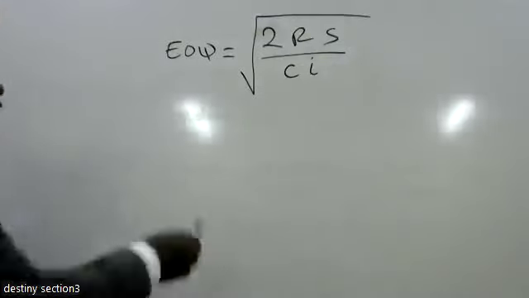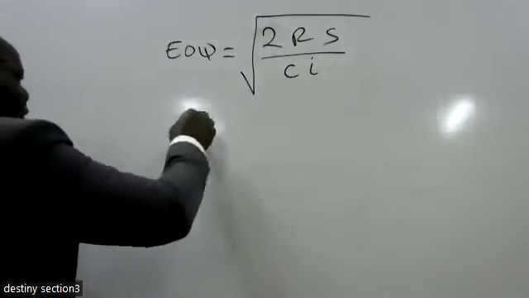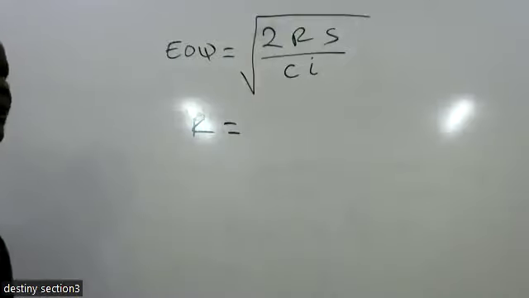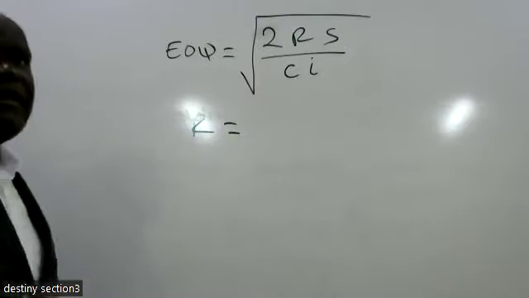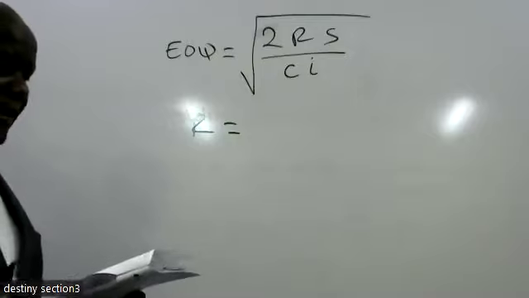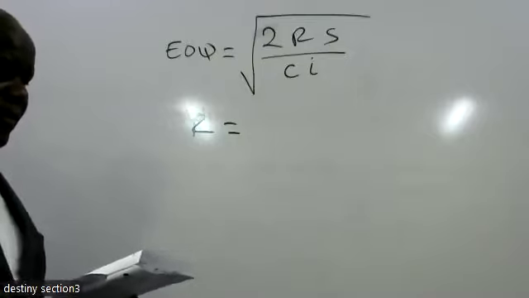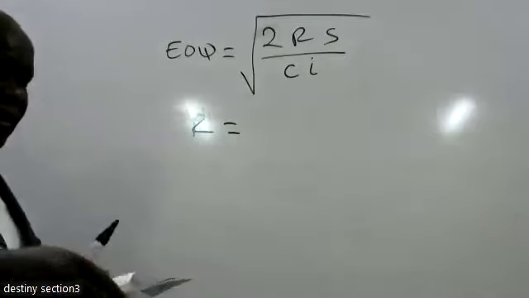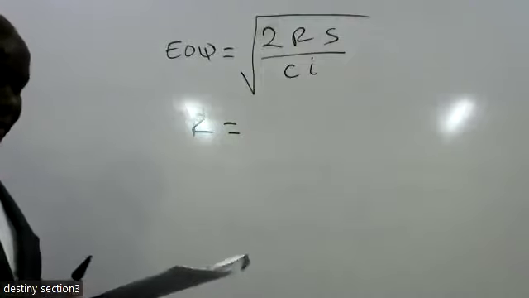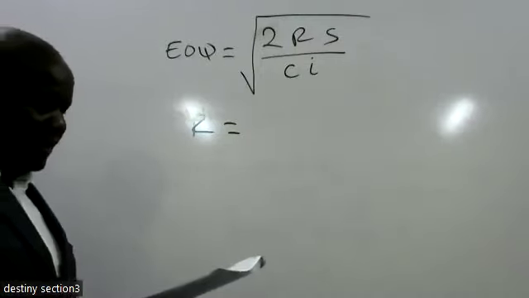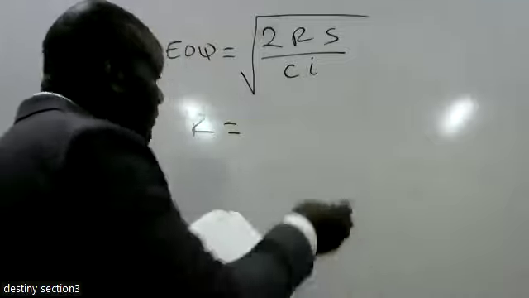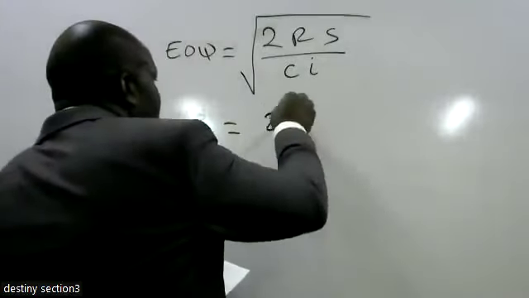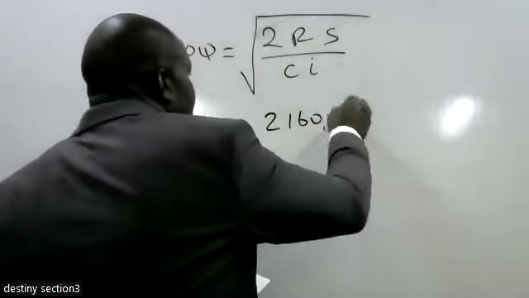So R is not given. R is annual demand in units. They gave you the purchases. Are you able to see the information about the purchases in note number 1? Purchases is how much? It is 2,160,000.